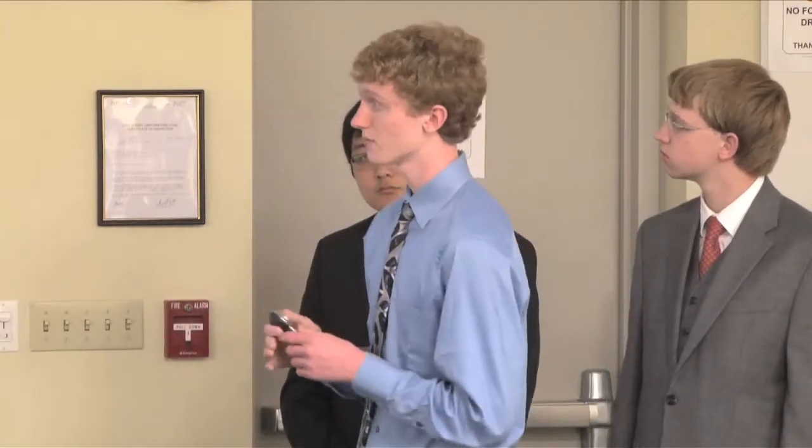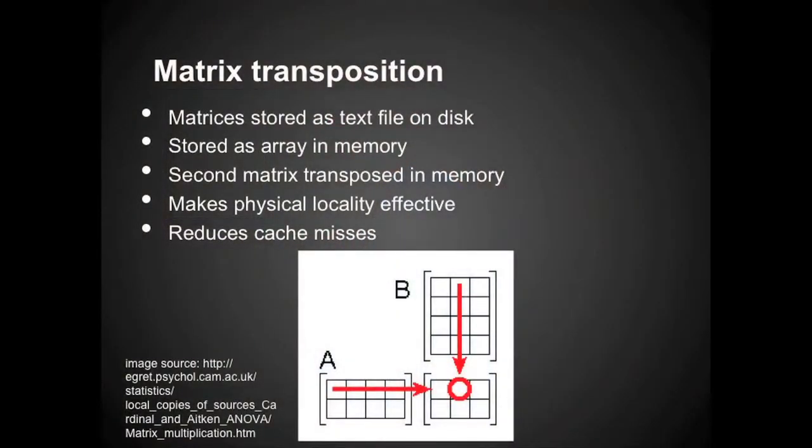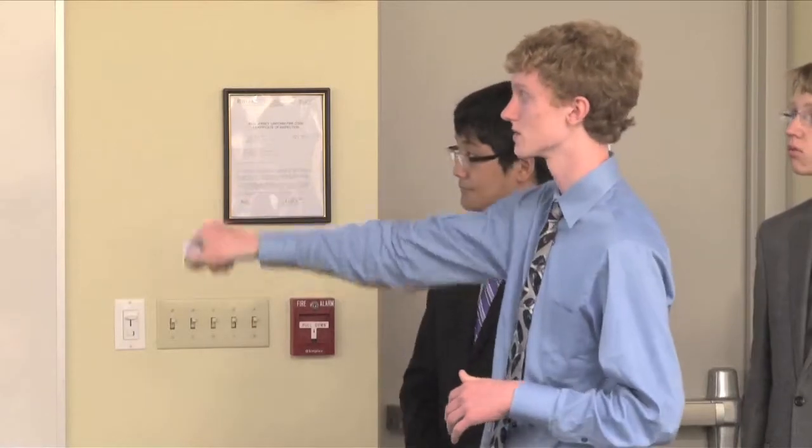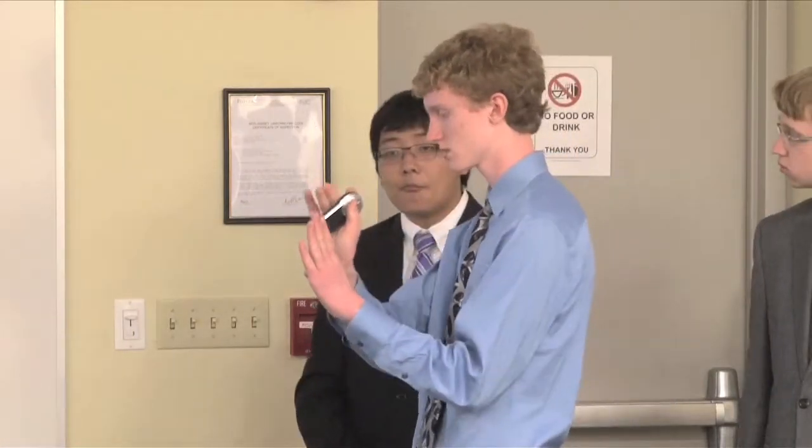And so that conforms to the idea of physical locality, meaning that we used this data just now, so we're probably going to use the data right next to it soon. Now that works for the first matrix, not the second matrix, because the second matrix is traversed by column. So what we did to make physical locality effective in the second matrix is we transposed it in memory and essentially stored it by columns. This way we're traversing directly across the array, meaning we had fewer cache misses, and so hopefully this would improve our performance.